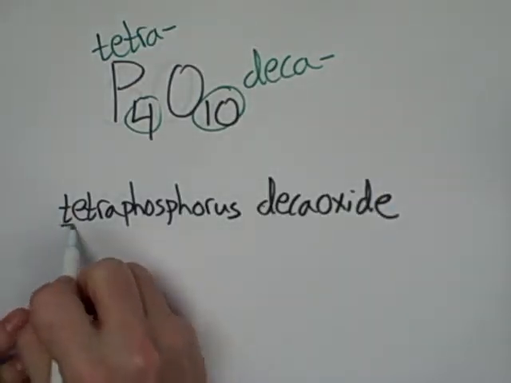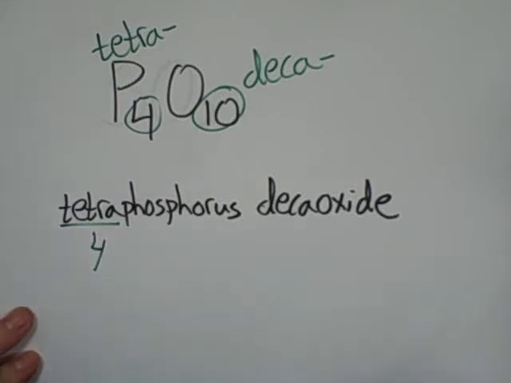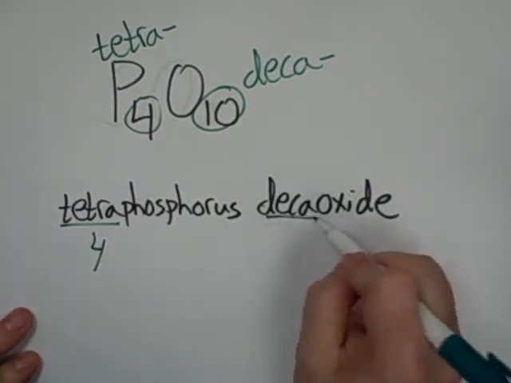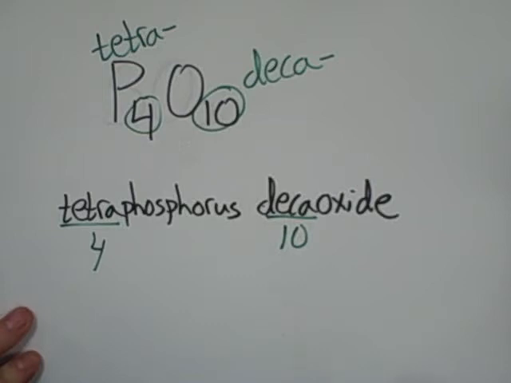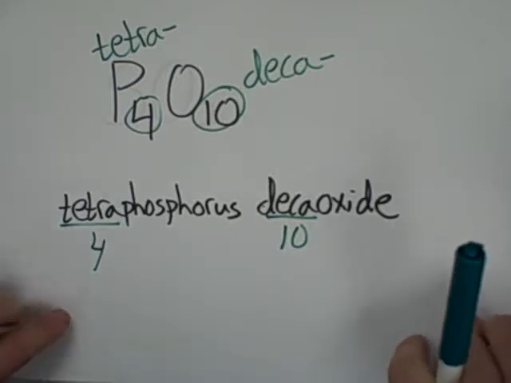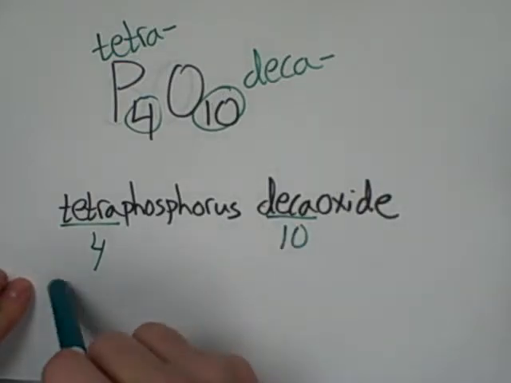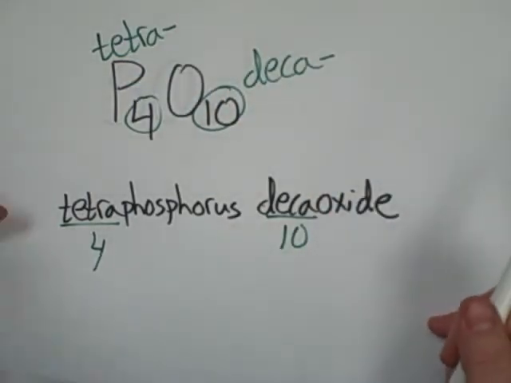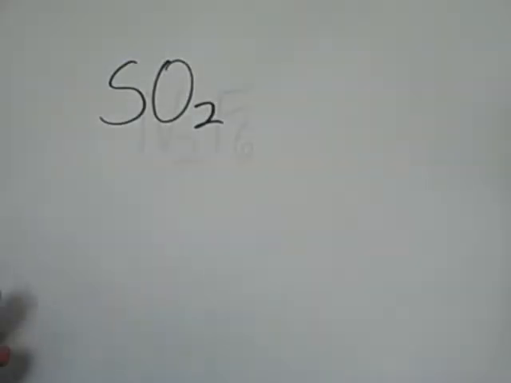The tetra is because there are 4 phosphorus, and the deca is because there are 10 oxygens. So when you're doing covalent binary compounds, you must use prefixes that match the number of each element.